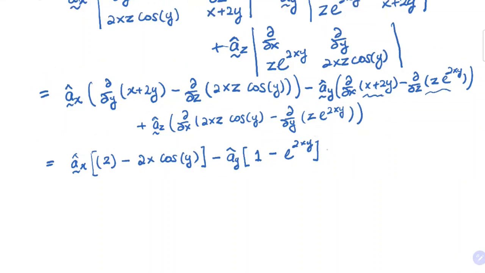And then plus, with respect to x, there will be 2z cosine y.